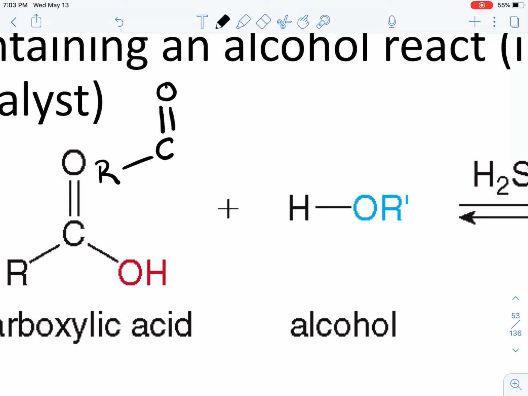It's not the exact mechanism, but hopefully it'll give you a better understanding of how this works. So if you guys recall, a single bond is composed of 2 electrons.